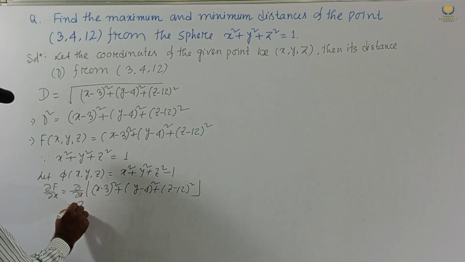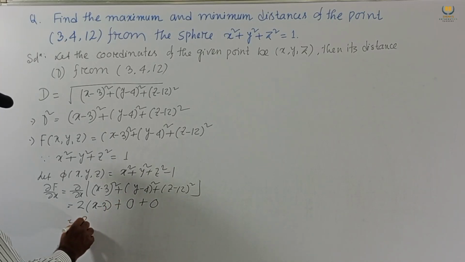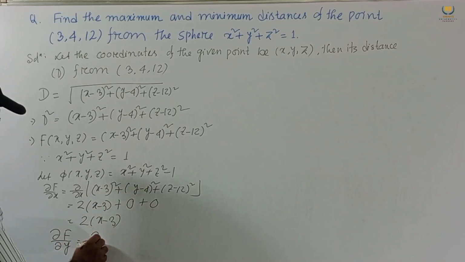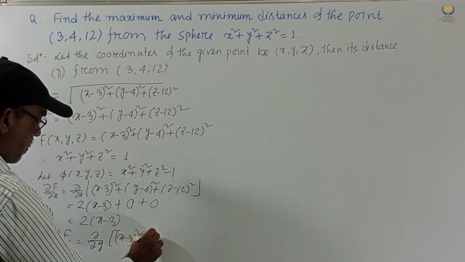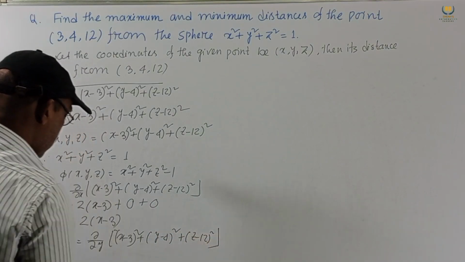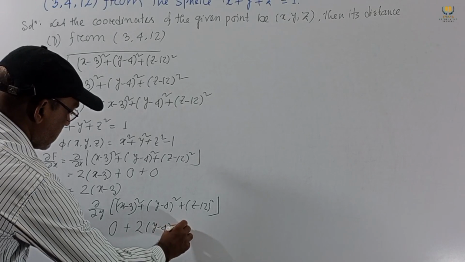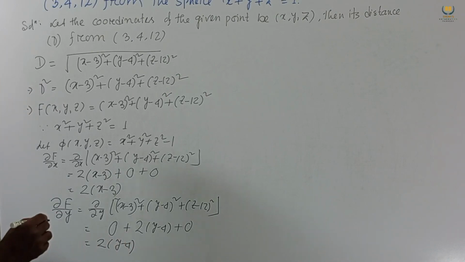Differentiating, we get 2(x − 3) + 0, so 2(x − 3). And del f by del y is 2(y − 4).